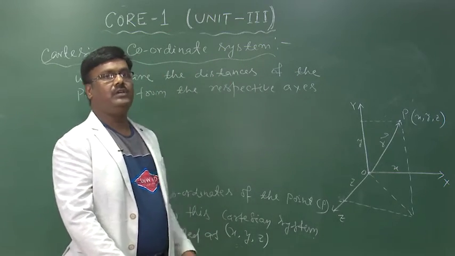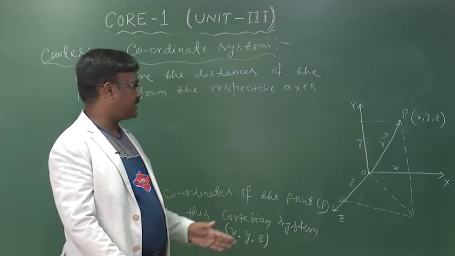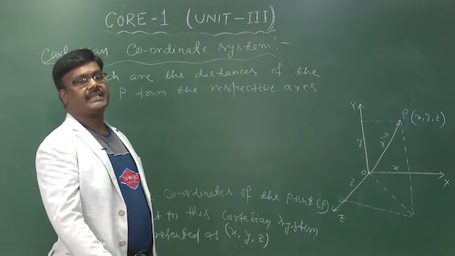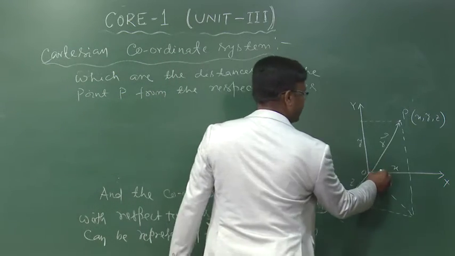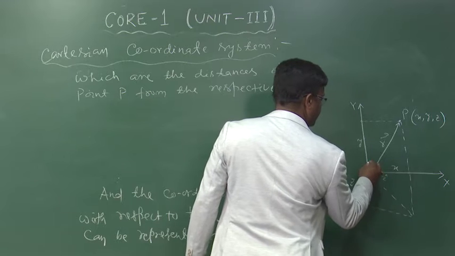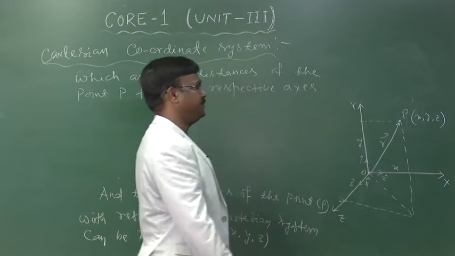We know the base vectors, or the orthogonal unit vectors along the different axes, x axis, y axis and z axis, are i cap, j cap and k cap.